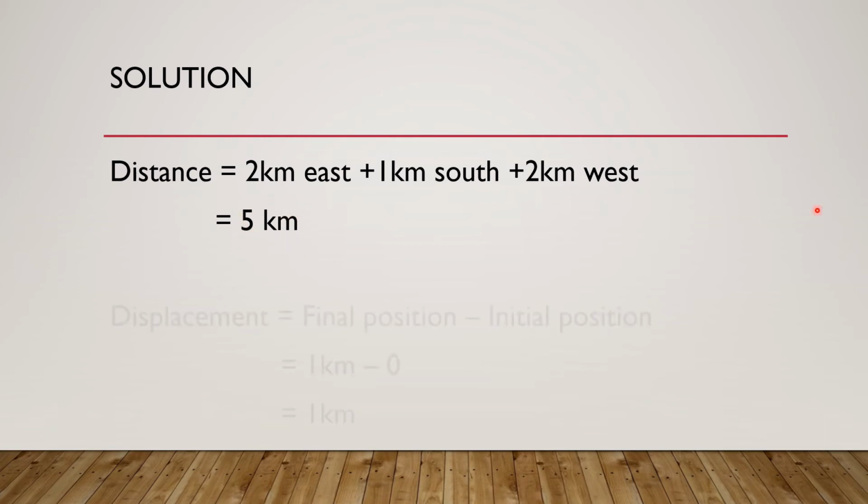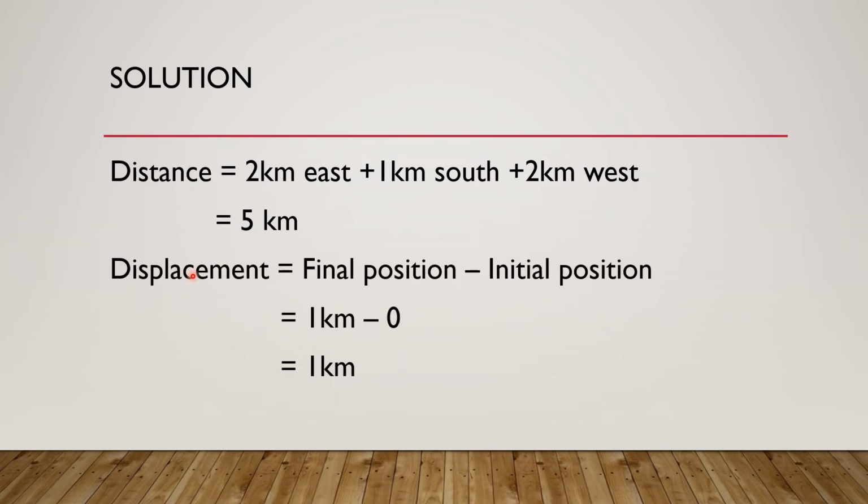How about the displacement? So, in order to get the displacement, we have the formula final position minus initial position. Anong final position niya? 1 kilometer. Anong initial position niya? 0. Pag sinabi ng initial position, yung pinanggalingan mo, gumalaw ka na ba nun? Hindi pa. Hindi ka pa naalis sa pwesto mo. Kaya ang laging initial position mo ay magiging 0.